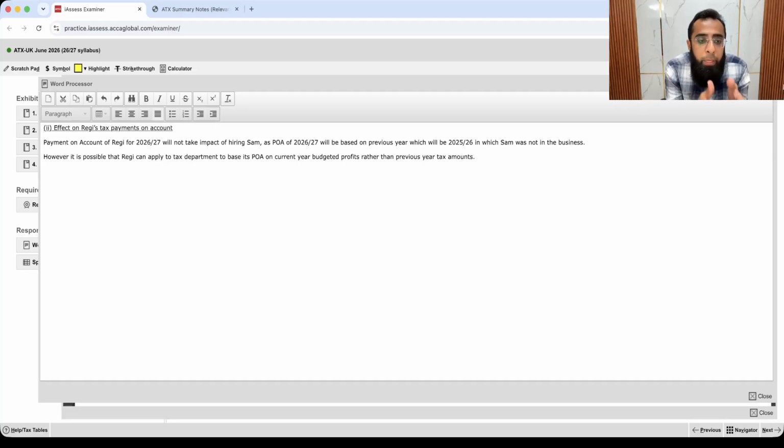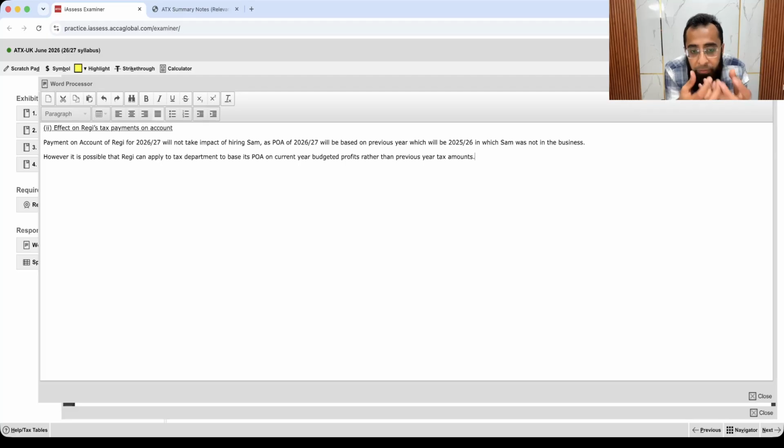Normally, the POA of 26-27 will be based on previous year income tax and class 4 NIC. We take 50% of the previous year income tax and class 4 NIC and we pay that on 31st of January during the tax year, 31st of July after the end of the tax year, and then 31st of January after the tax year. Like for 26-27, it's 31st January 27, then 31st July 2027, and then 31st of January 2028.